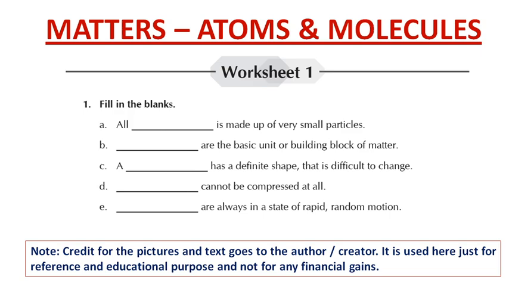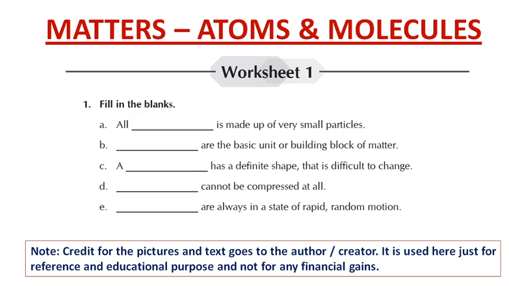A solid has a definite shape that is difficult to change. Fourth, dash cannot be compressed at all. Compression can take place only when there is intermolecular space. But in a solid, intermolecular spaces are not available, so a solid cannot be compressed at all.